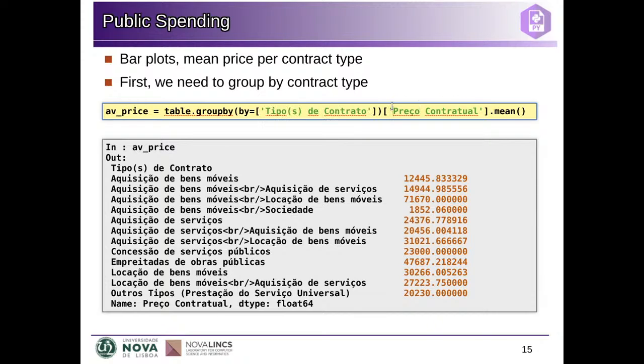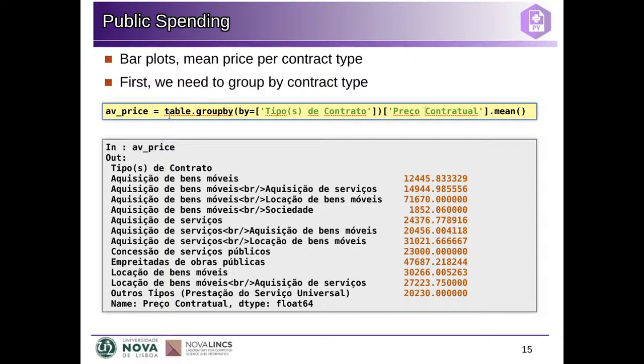We're going to select from those groups just the price and compute the mean as the aggregate. So basically, this groups all the contracts by type and gives us the average price of these groups.